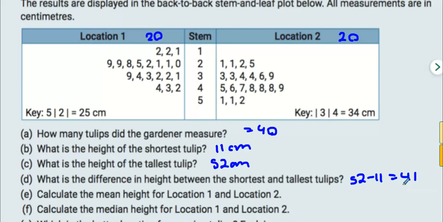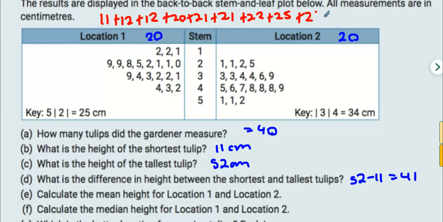All right, lads, for those of you that don't know, to get the average of location 1, we'd have to go 11 plus 12 plus 12 plus 20 plus 21 plus another 21 plus 22 plus 25 plus 28 plus 29. Do you know where we're getting these numbers from? 29.